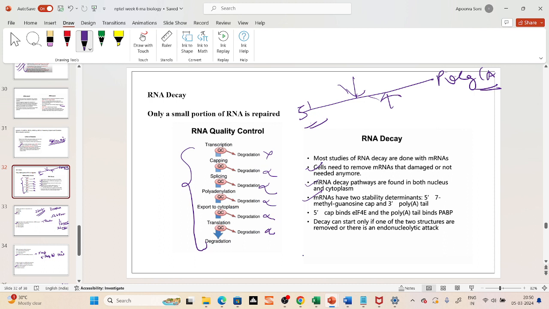So you can understand from the questions themselves which portion is important, or which is more important. RNA decay is an important topic, and the basic concept of importing and exporting is very important.